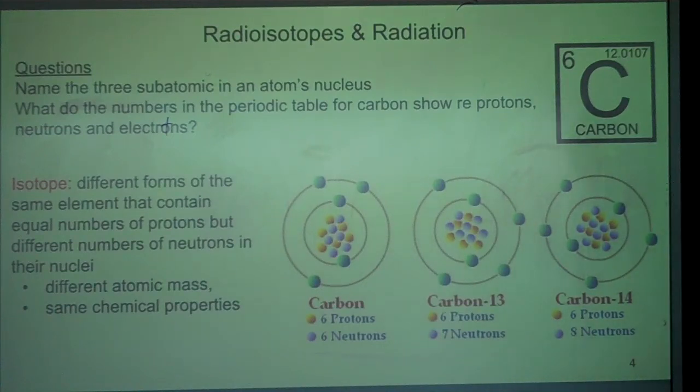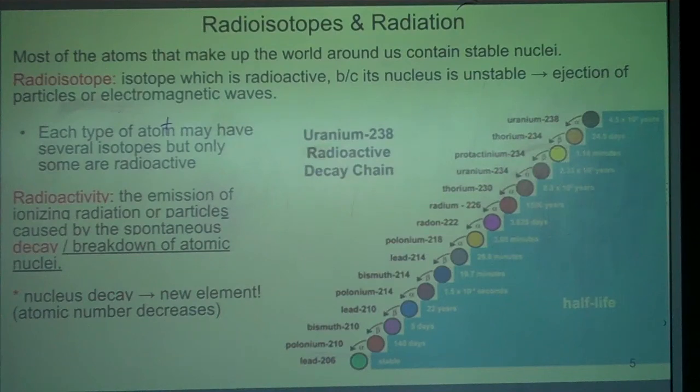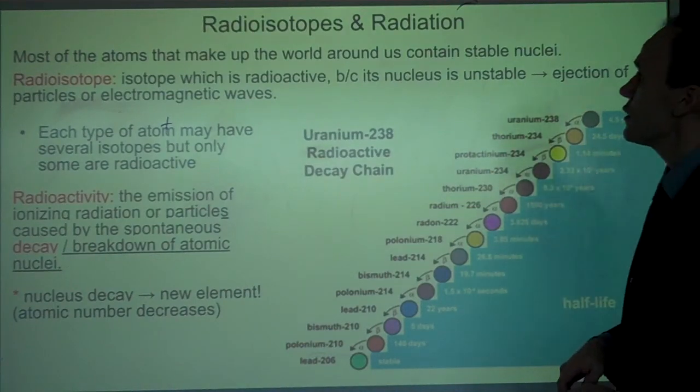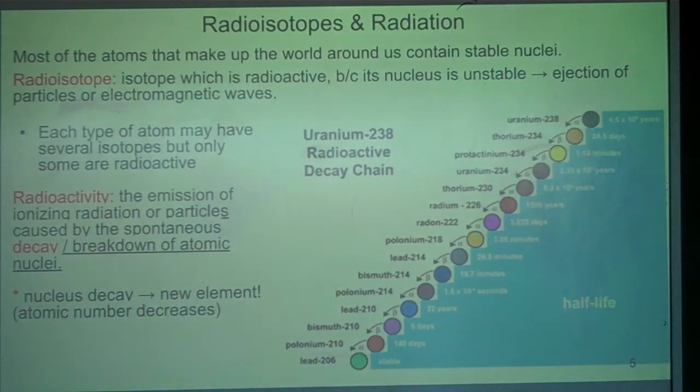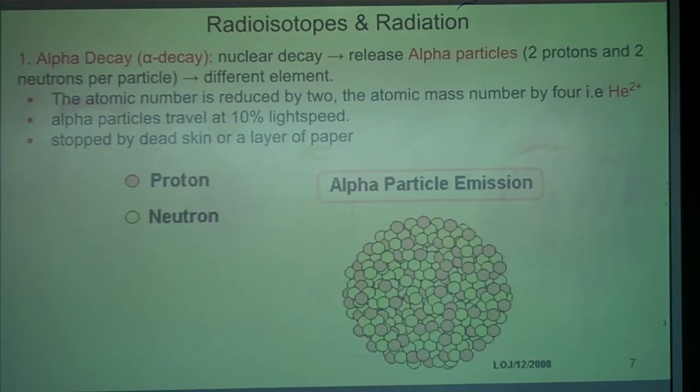So we have 6 protons in each case, but the number of neutrons differs, and that gives them slightly different qualities. And in the case of a radioisotope, it means the nucleus is unstable, and so you can end up losing particles or electromagnetic radiation, and that is where we get into the 3 that we have here.